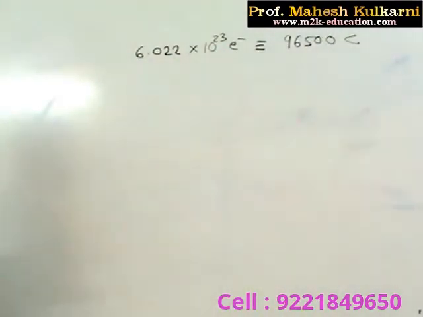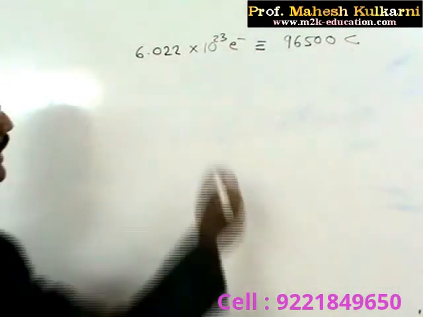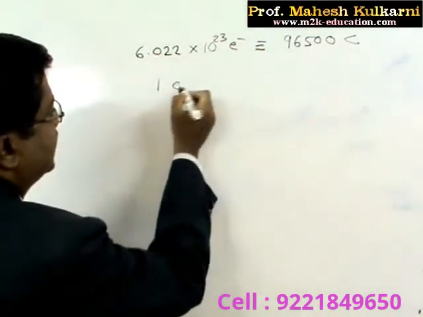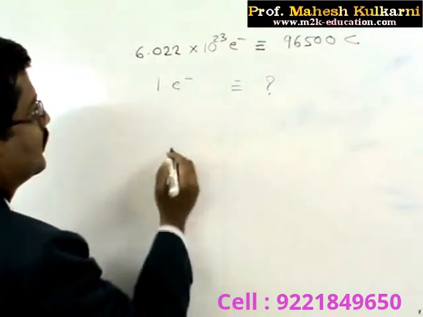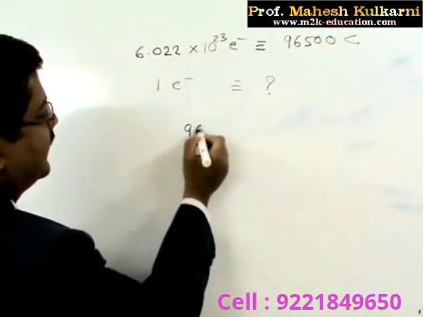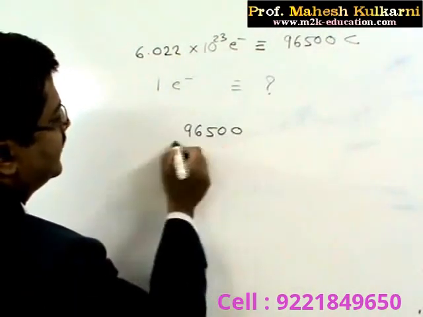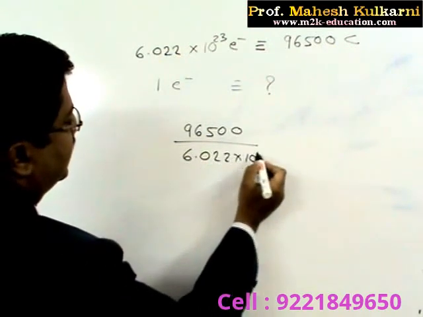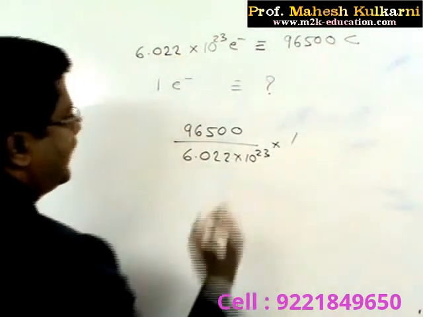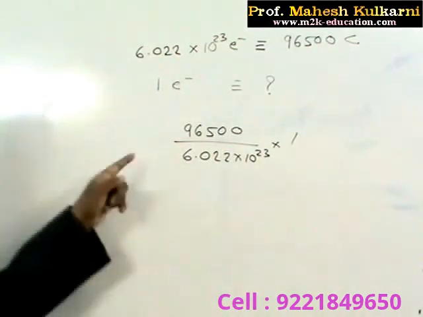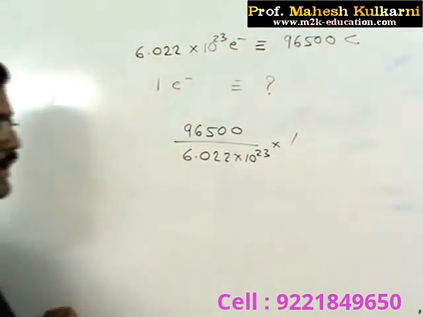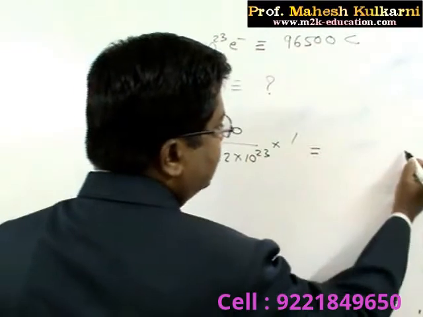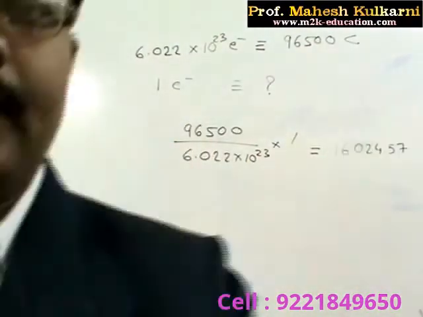And therefore we can find the charge on 1 electron. So what is the charge on 1 electron? This way we can go: 96500 upon 6.022 into 10 raised to 23 multiplied by 1. If you carry out this calculation, you will get the charge on a single electron.